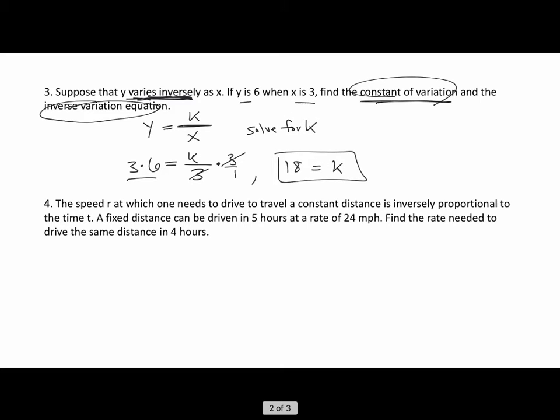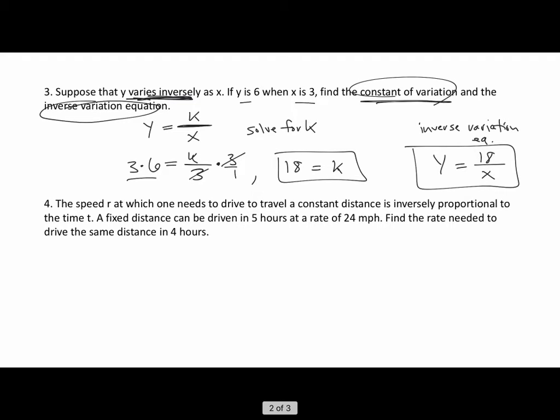And then we need the inverse variation equation. And that is exactly what we got from our translation, but put the k in. So y equals 18 over x is our inverse variation equation. And we could answer questions about that now, as we will in the next example.